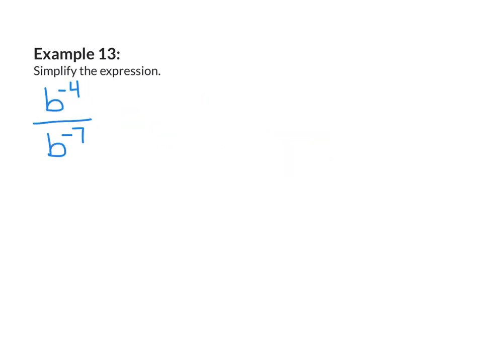Example 13. Simplify the expression. I have b to the negative 4 all over b to the negative 7. Since I have negatives on the top and on the bottom, I'm going to go ahead and switch them. I'm going to put b to the negative 4 as my denominator. So I'm going to write b over 4.